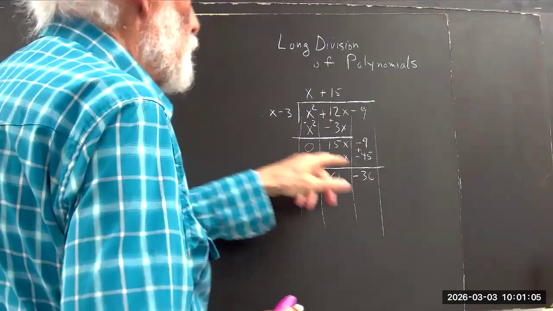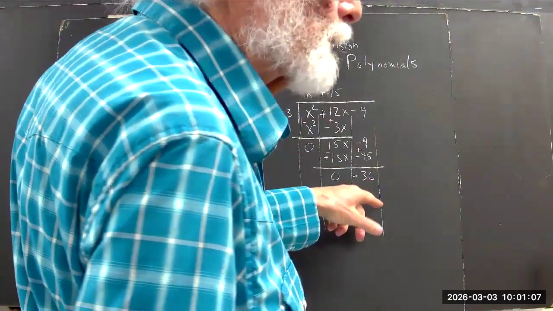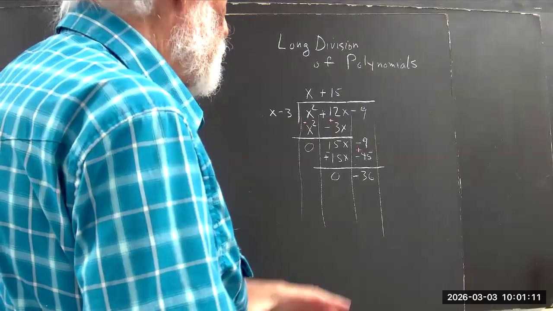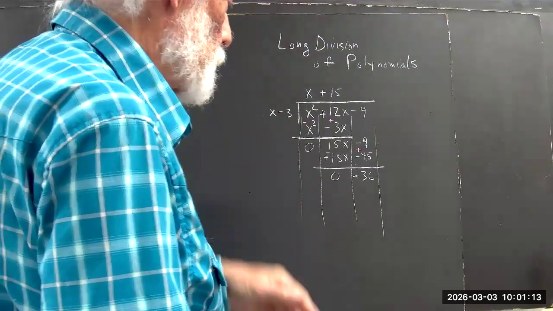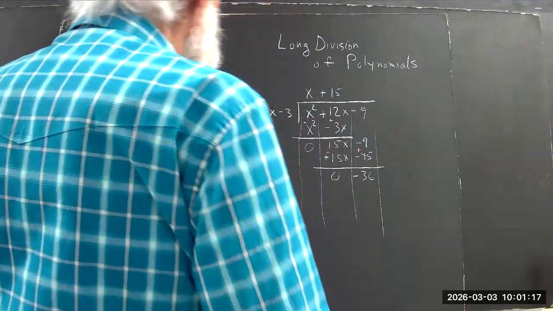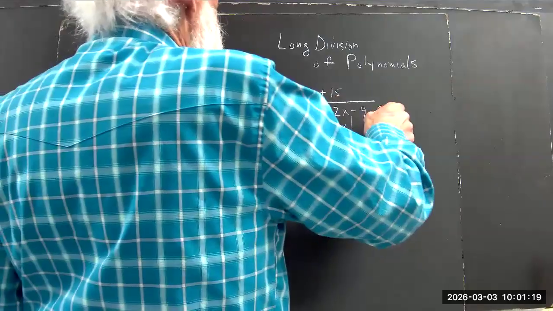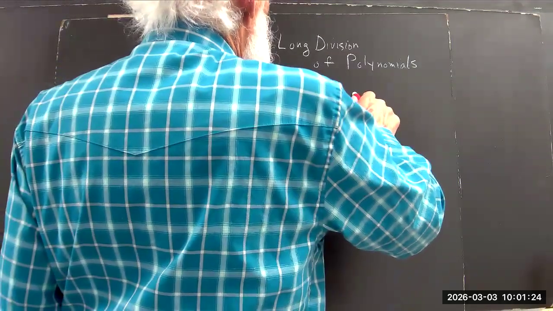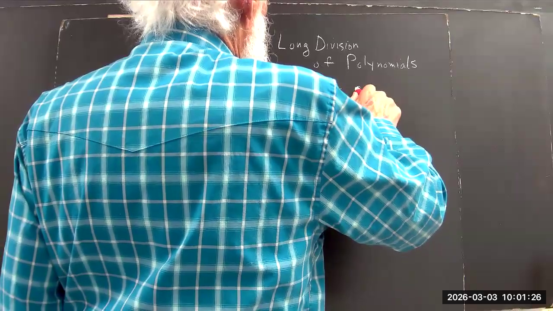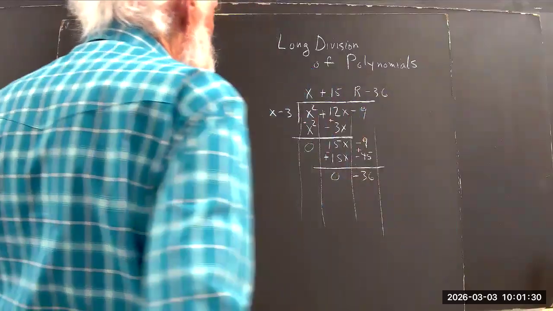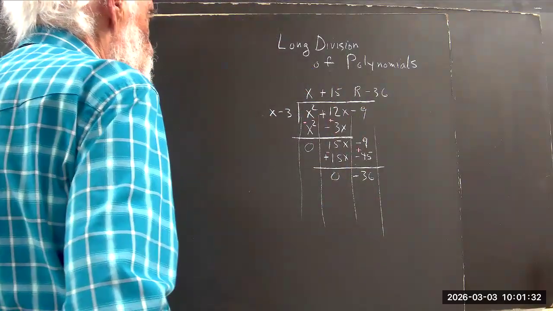Well, of course, you don't know how many times x goes into 36 because 36 is a constant number and x is a variable number. So the negative 36 is the remainder. So up above the division sign where we've got x plus 15, we can then say big R and a negative 36. Remainder is negative 36.